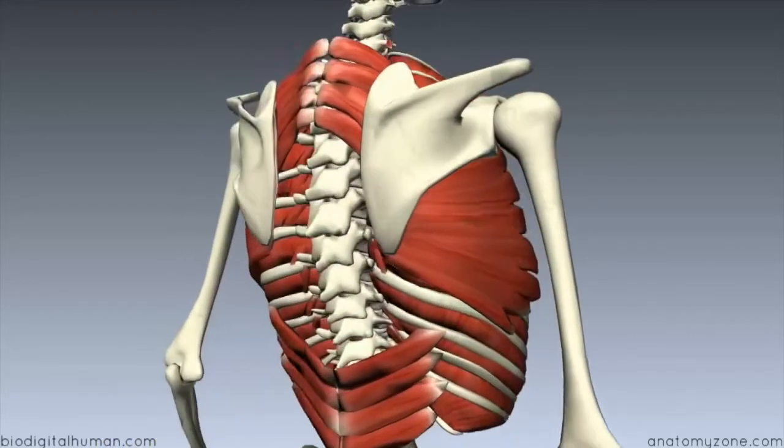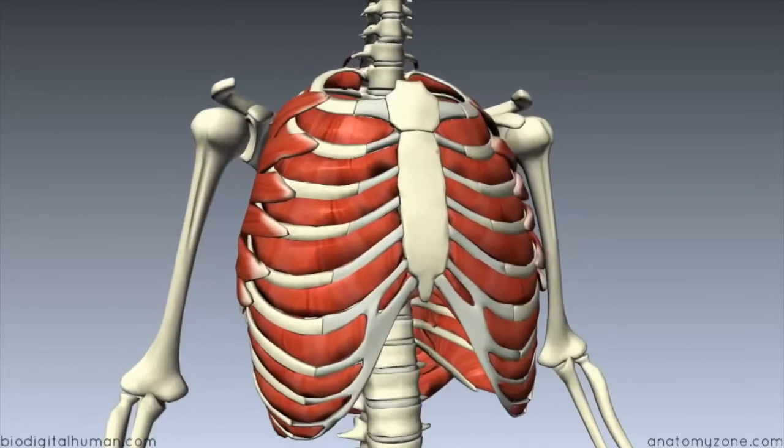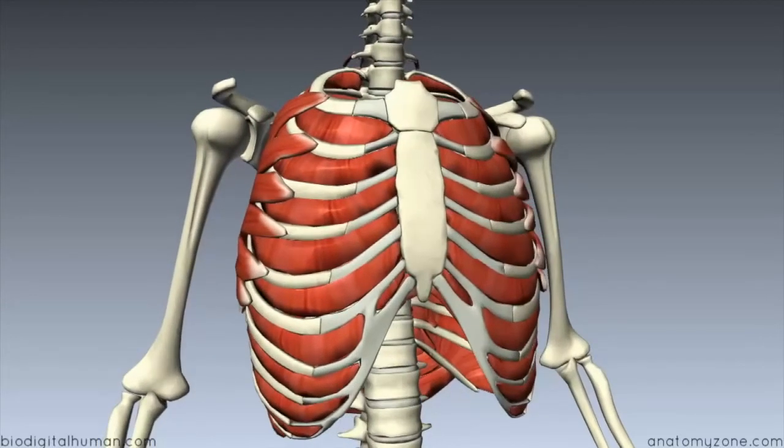We call them additional respiratory muscles, and they are mainly intercostal, sternocleidomastoid, abdominal, and some others.